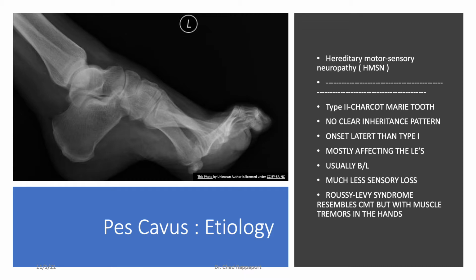This is the type of CMT that I think we see more often in our office. In fact, these patients may ultimately be diagnosed after their first or second visit with a foot and ankle specialist because of perceived deformity within the feet that is progressing over time.